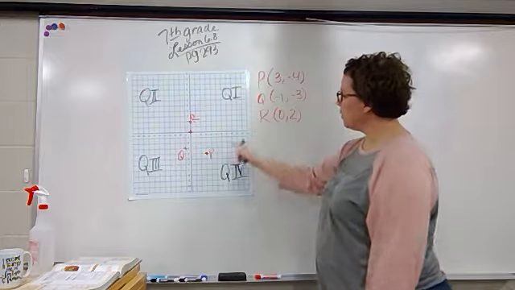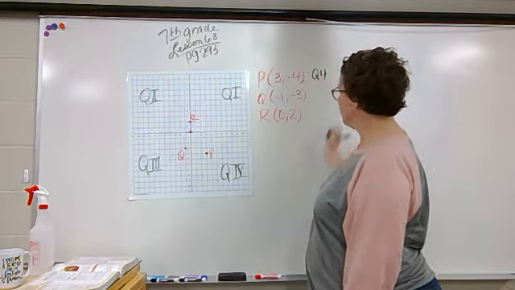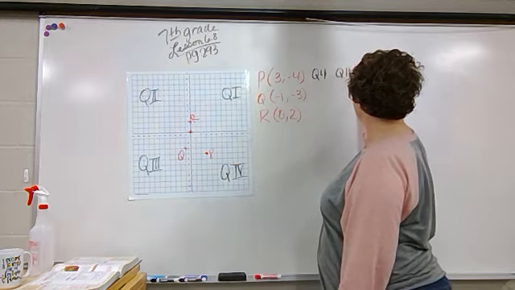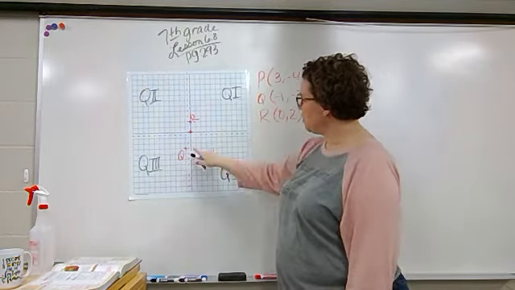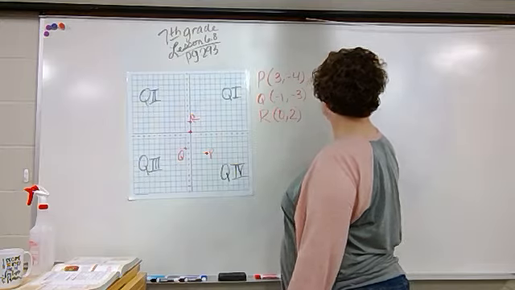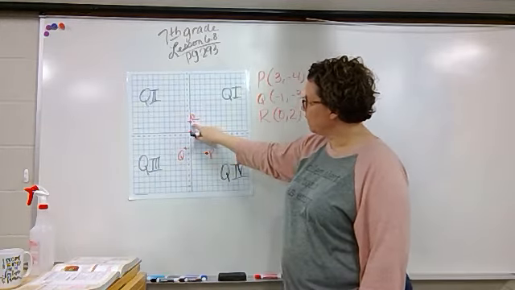All right, so point P is located all the way down here in quadrant 4. You could also say Q, IV like that. Point Q, although it's really close to an axis, is located in quadrant 3. Okay? And the R value, or the point R, is going to be on the y-axis.